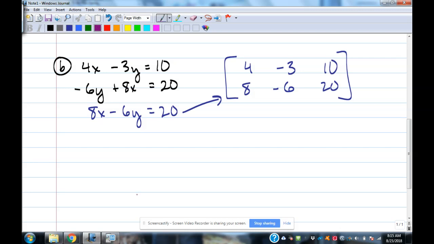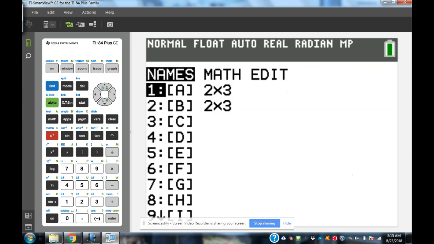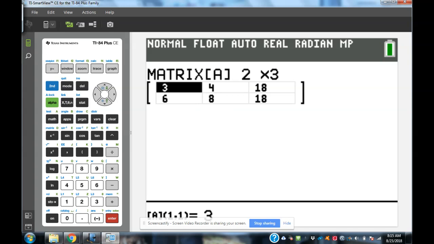Okay. All right, then throw our RREF at that. Second matrix, edit, 2 by 3, and then we have 4, negative 3, 10, 8, negative 6.